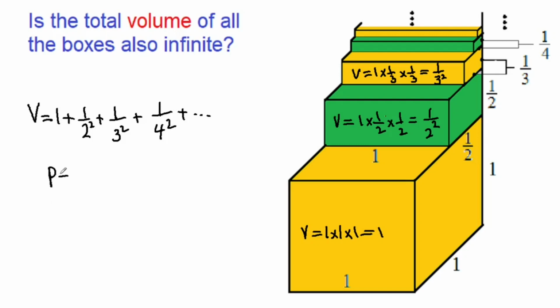because, as you may recall from calculus, this is a p series with p equal to 2, and since that's bigger than 1, the series converges. It's actually known that this series converges to the number pi squared over 6, and this was first proved by the Swiss mathematician Euler.